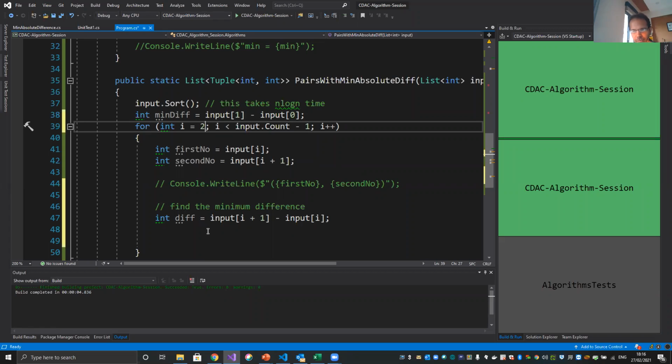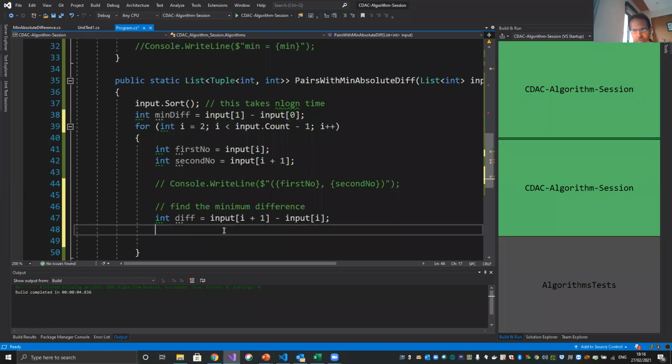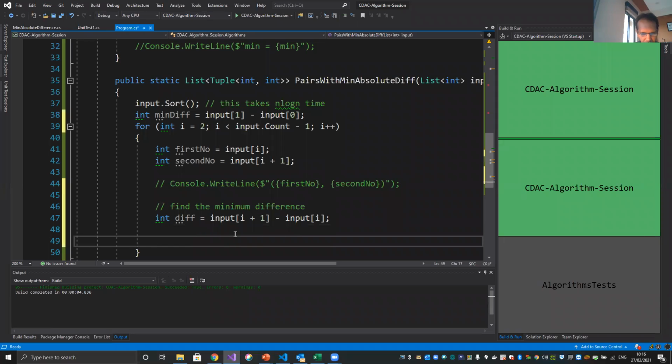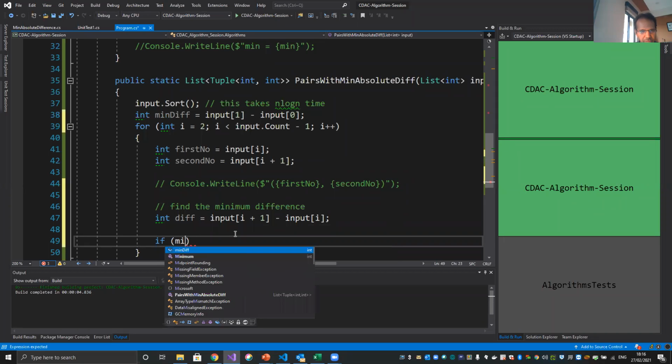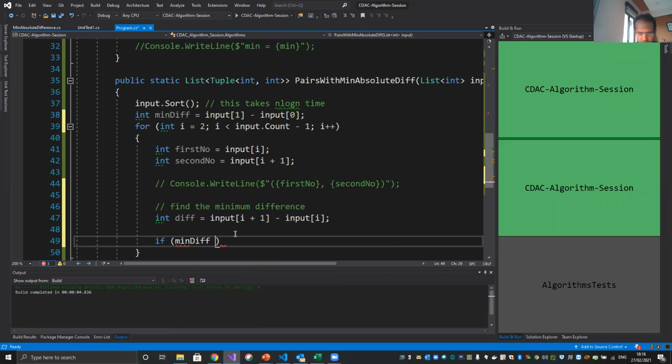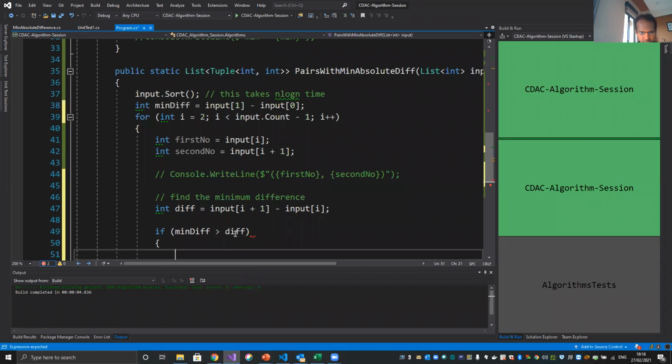Everyone with me? Right? And then we write that same if piece that we wrote there. So we say if min diff is greater than diff, then we want to say min diff equals diff.